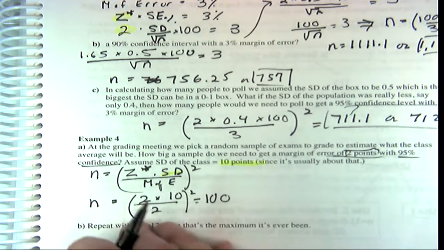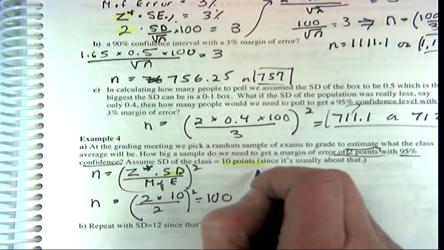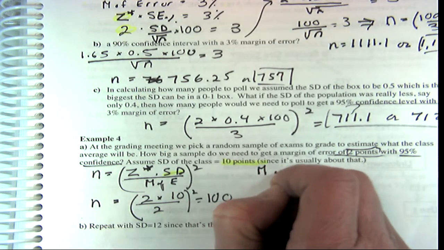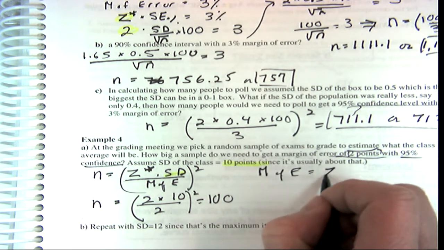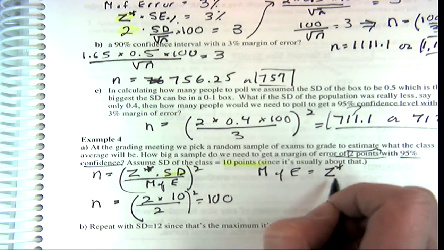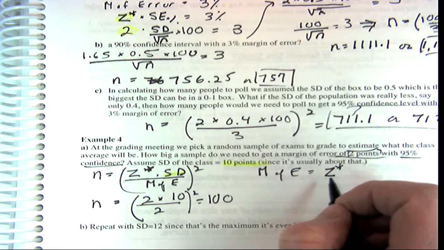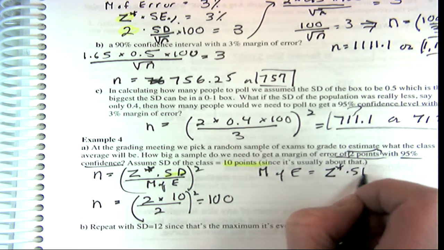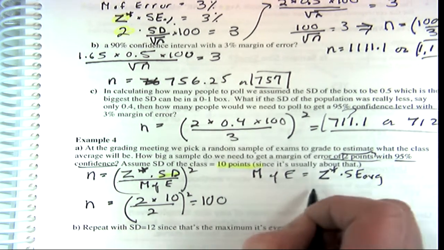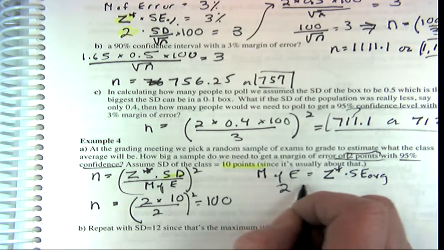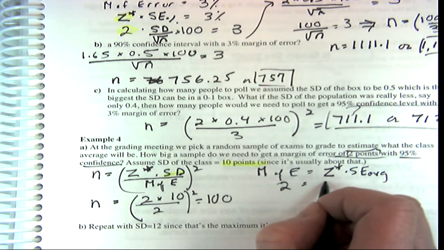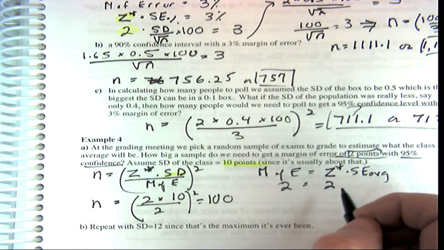You don't have to remember this formula. You could easily do it. You could say, okay, what is a margin of error? Our margin of error is a z, our critical value. It's how many standard errors, right? How many standard errors times our standard error. In this case, we're talking about averages. So we'd say, okay, we want a margin of error at 2. And if we want a 95% confidence interval, we want 2.